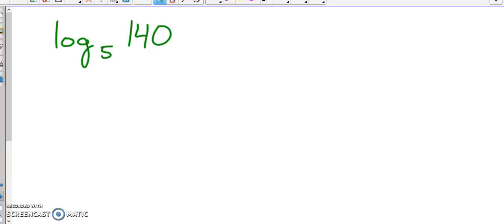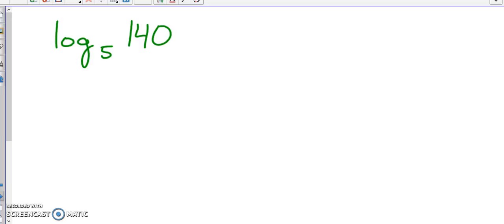I personally have no idea what power of 5 gives me 140. So I have to figure that out. And it doesn't matter if I use common log or natural, as long as you don't use one up top and a different one on bottom.